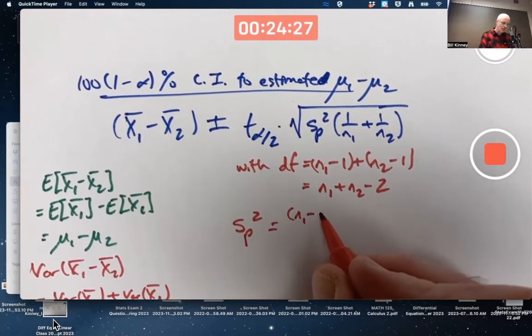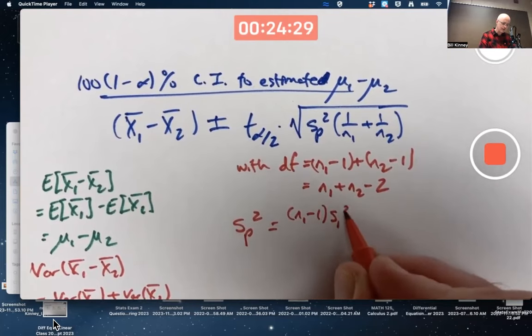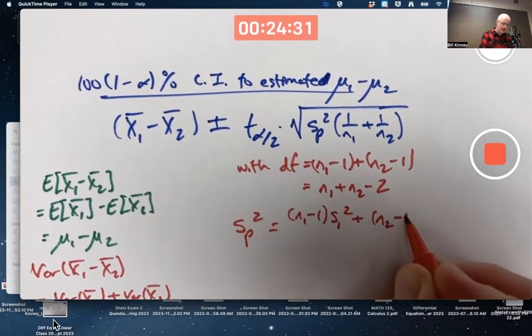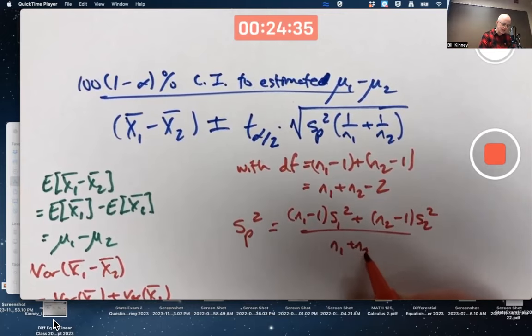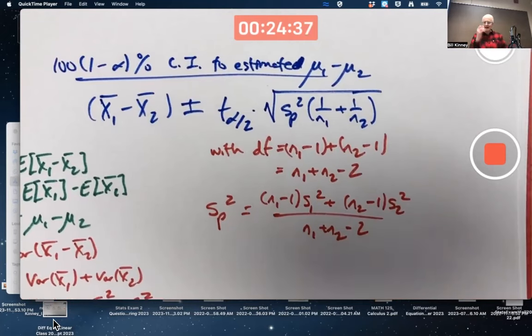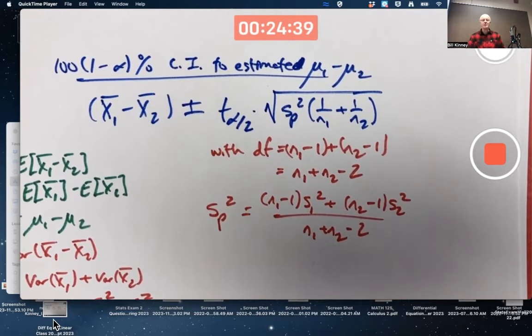It's n1 minus 1 times s1 squared plus n2 minus 1 times s2 squared, divided by n1 plus n2 minus 2. Kind of a weird weighted average, but that turns out to be the best thing to choose to make this an unbiased estimator for the population proportions if you assume they're equal.